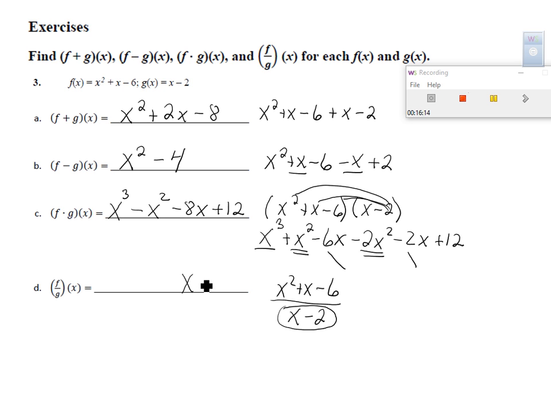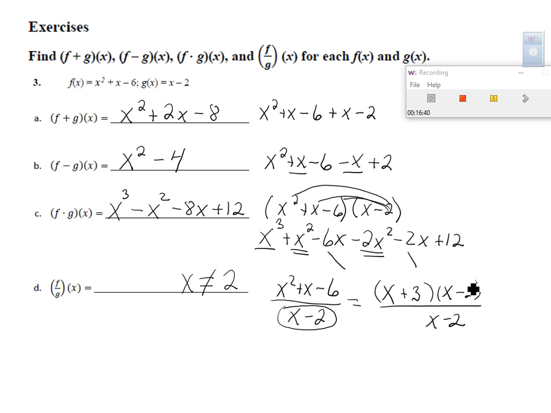Let's tell the world right now that we know we can't be 2. Now we're going to factor the numerator. So 2 parentheses, x and an x. I need you to go get me two numbers that multiply to be negative 6 that we can add up to be 1. So I got positive 3 and negative 2 over x minus 2.